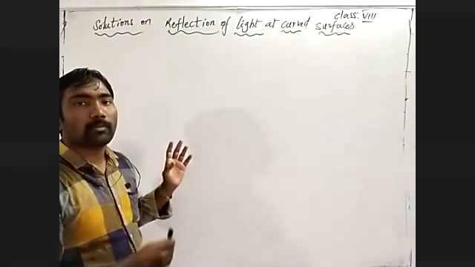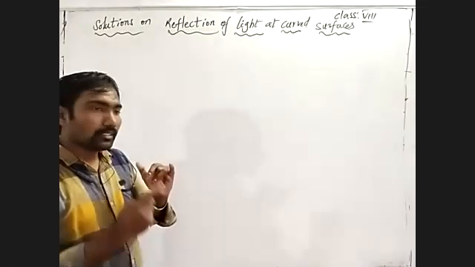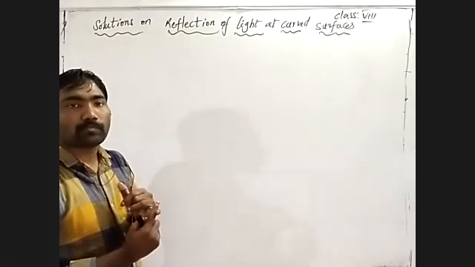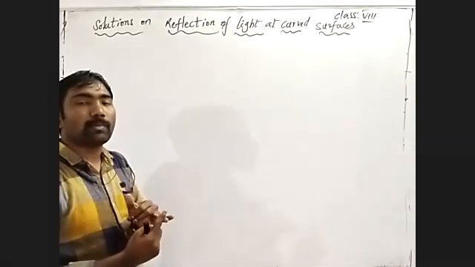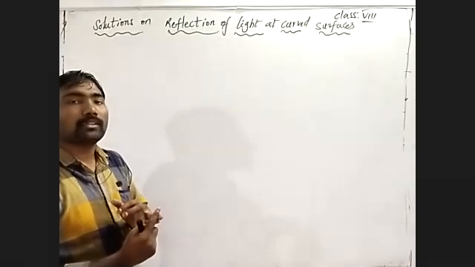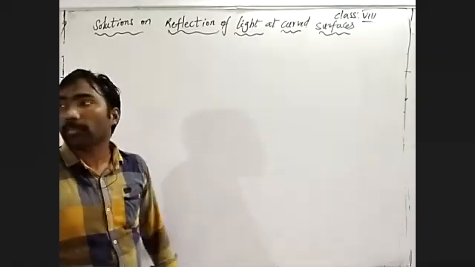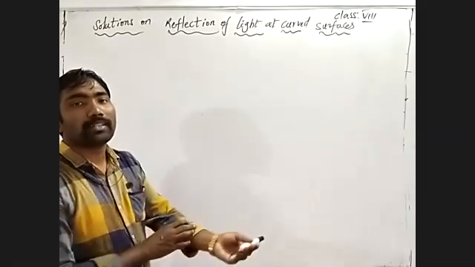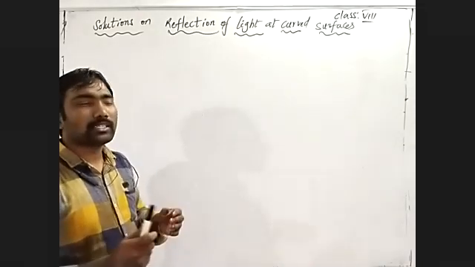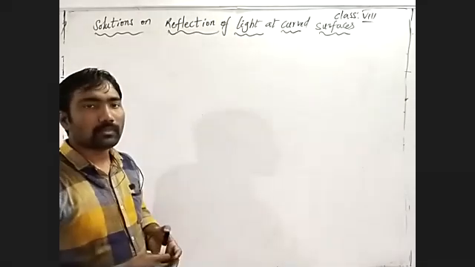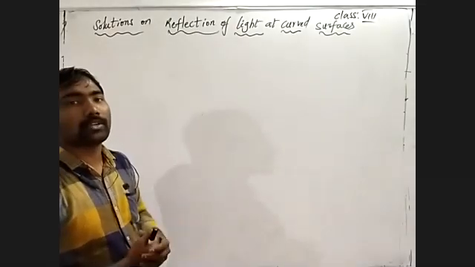From our past class, we learned how to derive the mirror formula, how to derive the magnification formula, what magnification means, how to draw ray diagrams, and what types of images are formed by curved or spherical mirrors. We also learned where we use concave mirrors and convex mirrors.